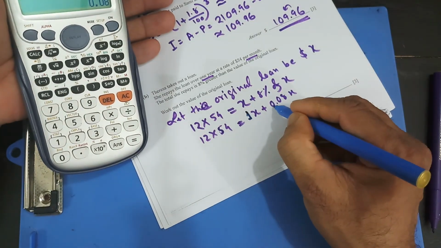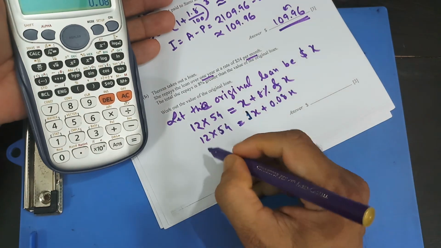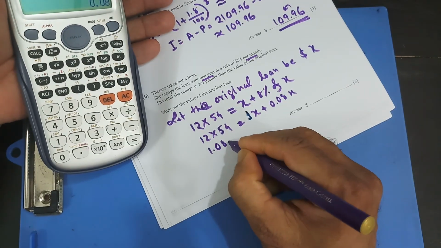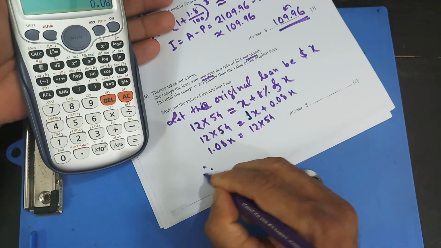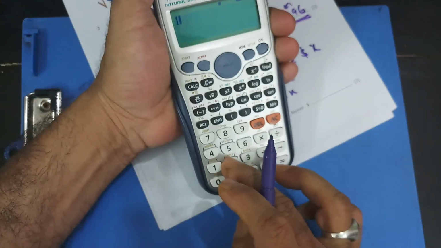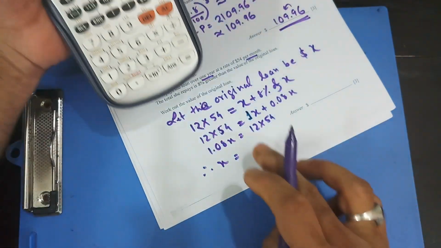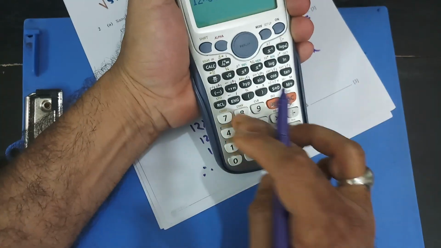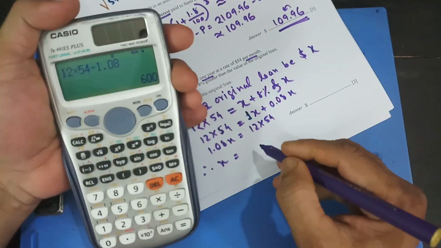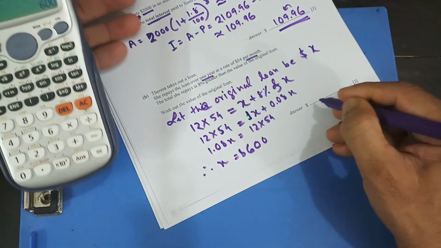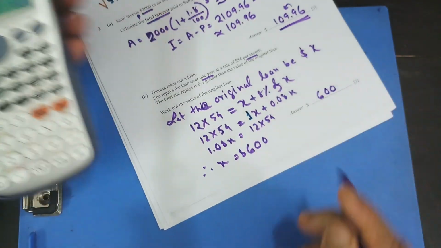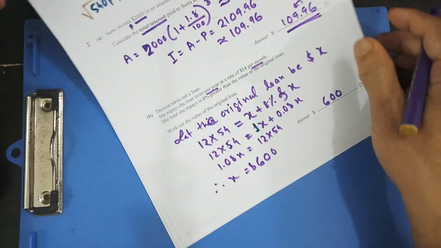So 1x plus 0.08x gives 1.08x, equal to 12 times 54. Therefore x equals 12 times 54 divided by 1.08, and I got $600. So the original loan was $600. That's it. Now we're going to go for the next one.